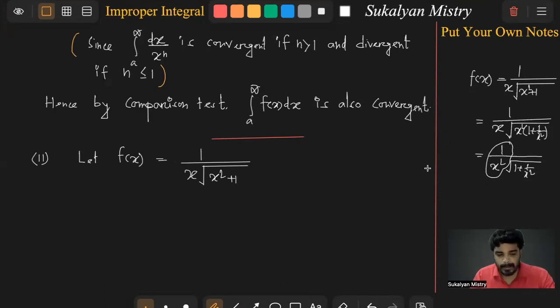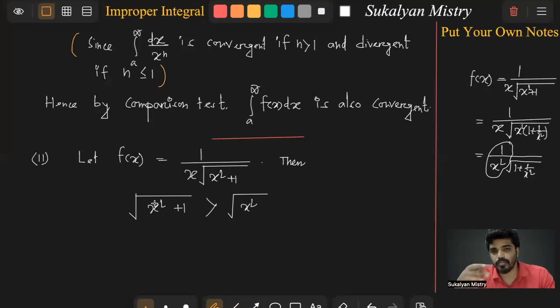Okay, right? Now look, then what can we write? Obviously root over x² plus 1 must be greater than root over x², since x² plus 1 is greater than x².